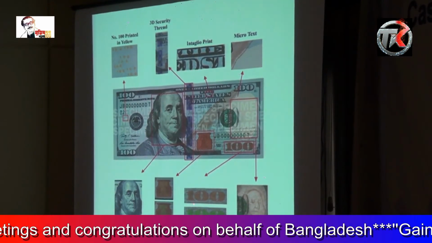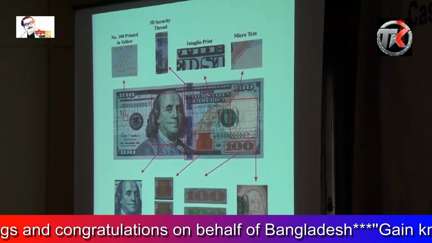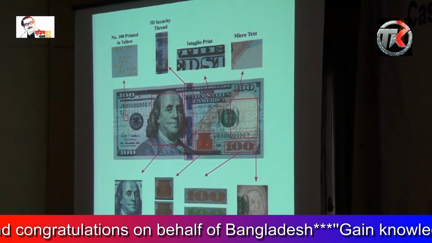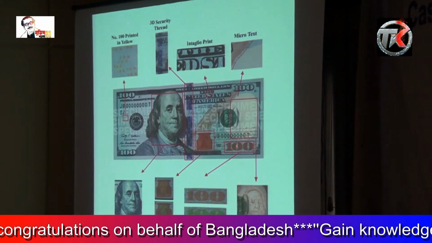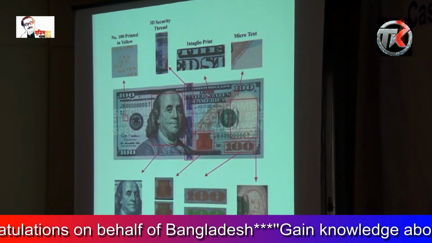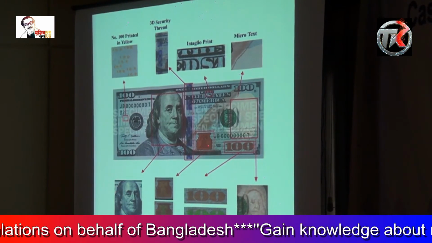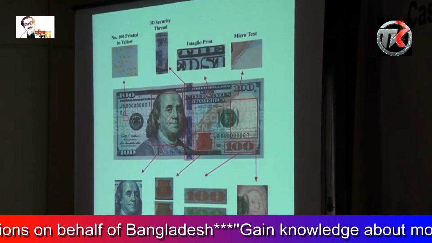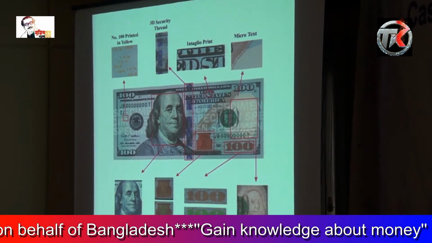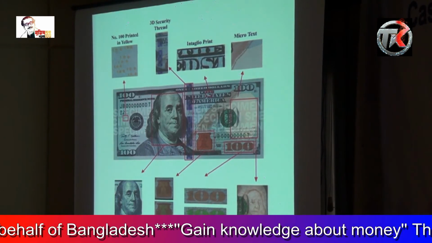Without light, you cannot realize the color is changing or shifting. This is also OVI. The US dollar, I told you earlier, has two types of OVI. Then the thread. To see the thread, you need light as well as you have to look.